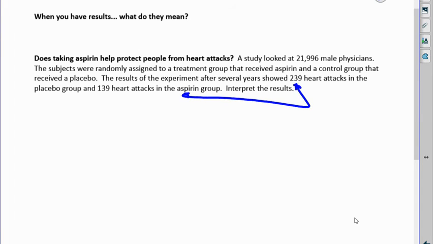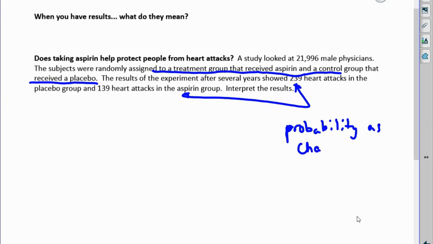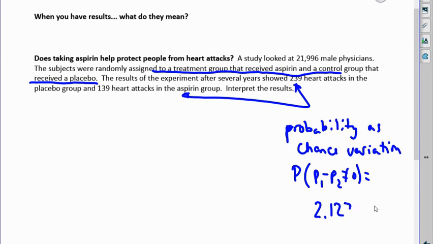The probability of this happening, where you have 21,996 male physicians randomly assigned to treatment groups receiving aspirin and a control group receiving a placebo, by just chance variation, which you'll learn how to do, the probability of this happening was 2.127 times 10 to the negative 7. But just so you know that.